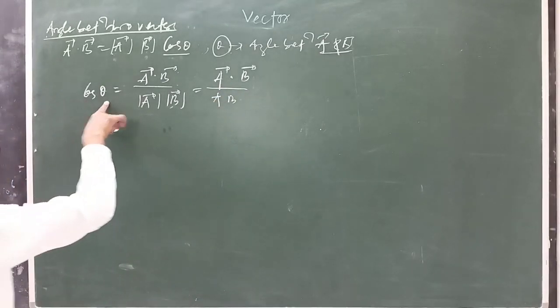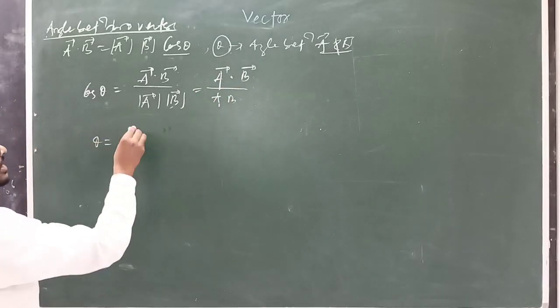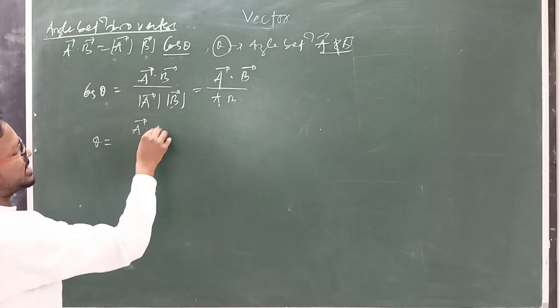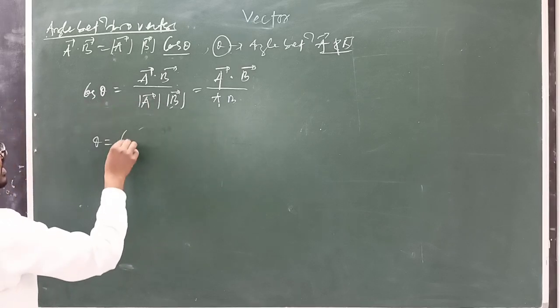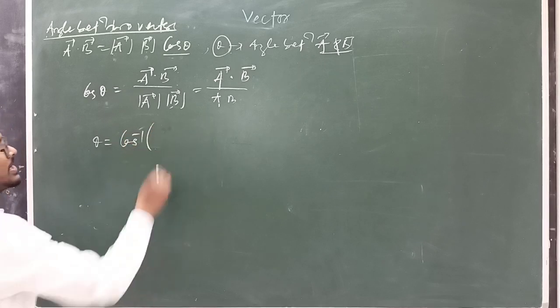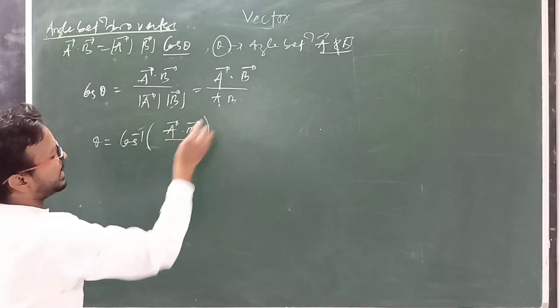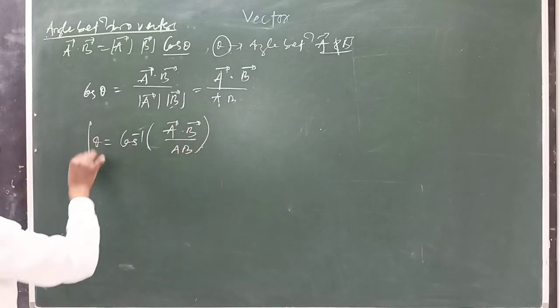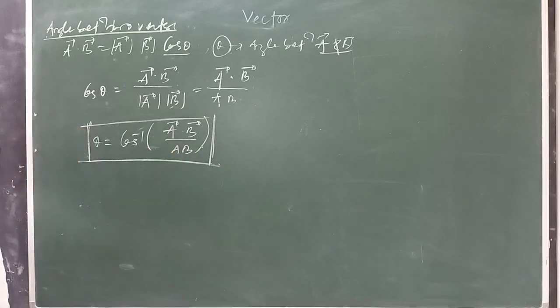So cos theta equals a dot b divided by ab, and theta equals cos inverse of a dot b vector divided by ab. Clear? So by using this relation you can find the angle between two vectors.